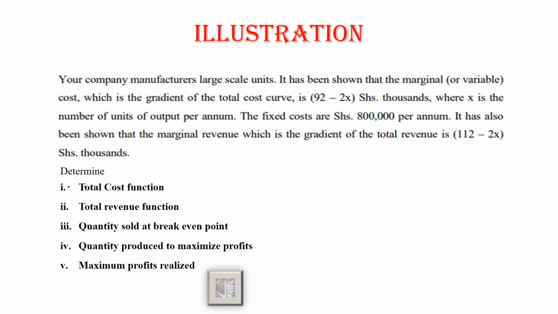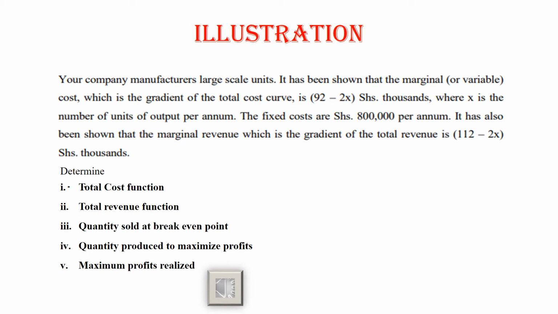The fixed costs are 800,000 per annum. It has also been shown that the marginal revenue, which is the gradient of total revenue, is 112 minus 2x, again in shillings in thousands.